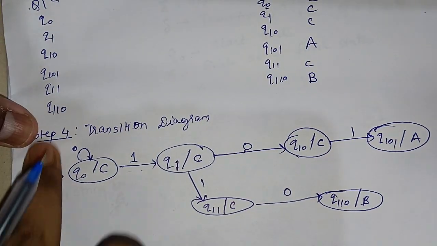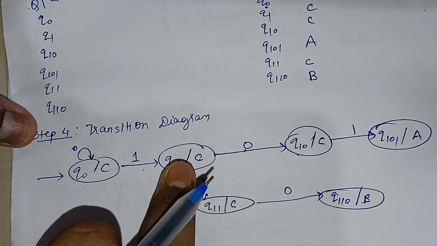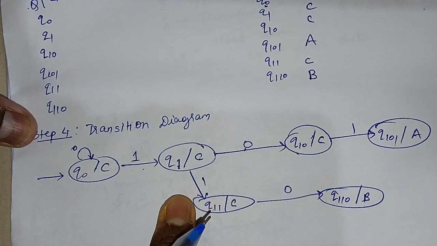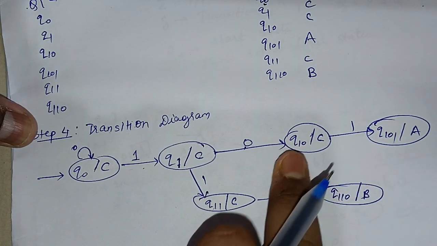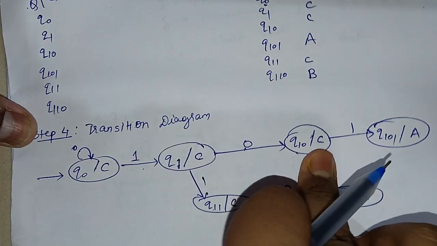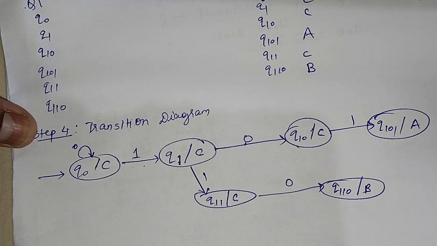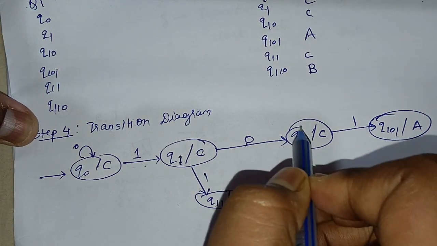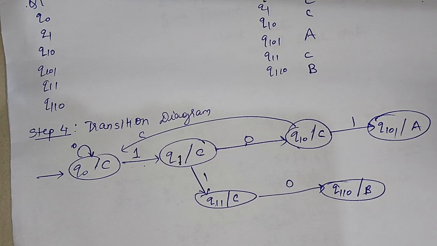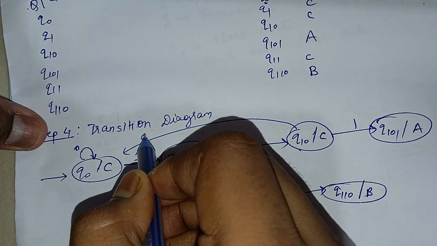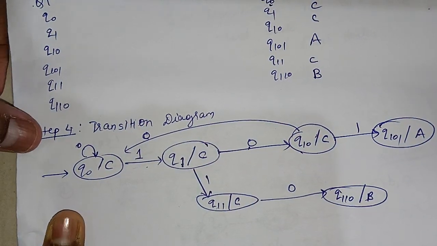Now see, the 0-1 transition is done. For this only the transition of 1 is done. If it receives 0, it becomes 100. We don't require any 100, it will output C. That's why I will make this transition to Q0. Sorry, it is 0, I am making the transition to Q0.